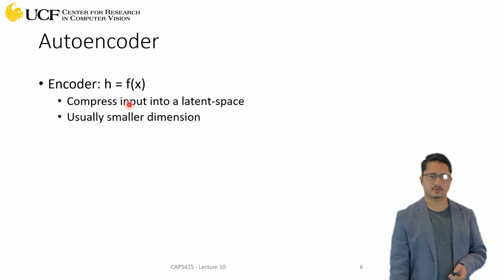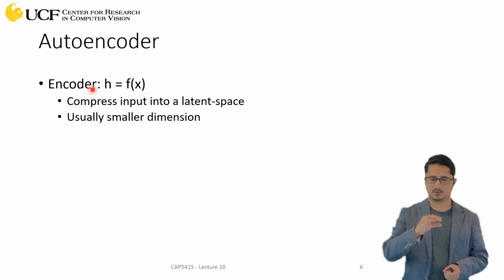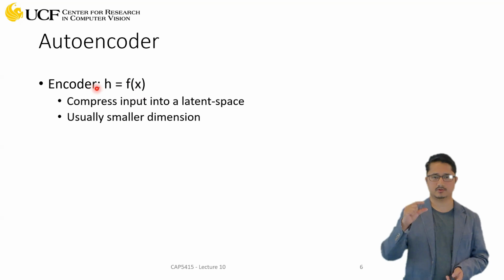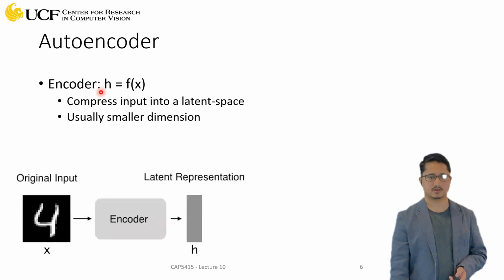Okay, so what you can do is define the encoder and decoder of an autoencoder as functions. Let's say your encoder is function f, and x is your input. You send your input to the function f, the encoder, and h, let's say, is your latent space. Then let's say this is your original input image, x.